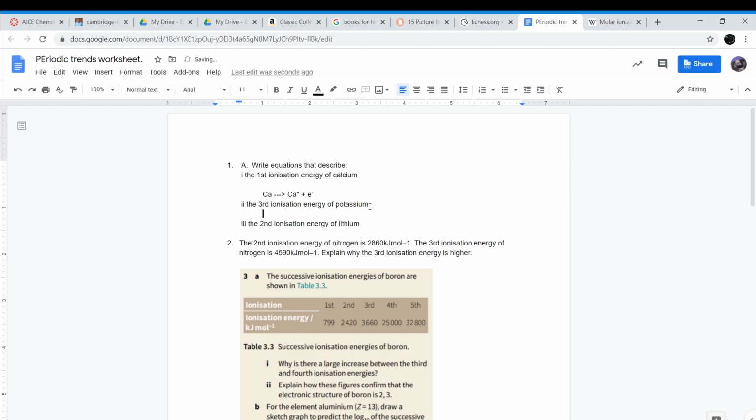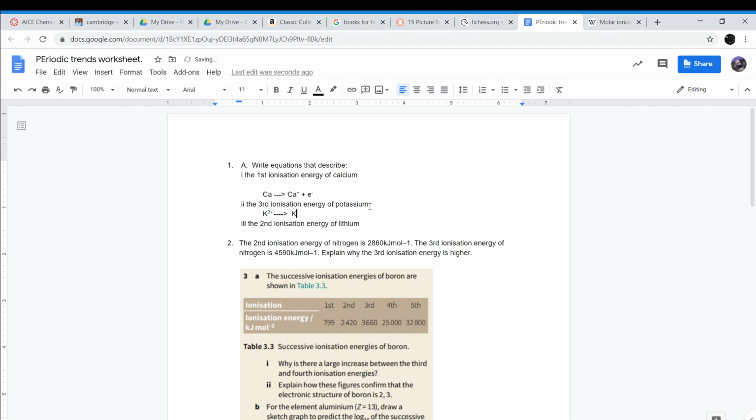The next one is going to be the third ionization energy of potassium, okay? So if it's the third ionization energy of potassium, that's going to be K. And then it's third. Since it's third, that means that it's already lost 2 electrons, because we're looking at the equation for when it loses 3 electrons. So we'd start with 2 plus instead of nothing right there, and then we're going to draw our arrow.